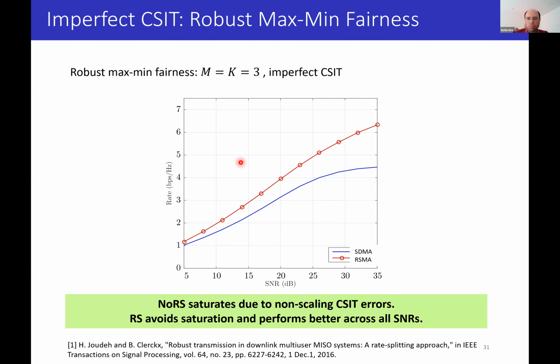And if we do a proper optimization, we can optimize the rate splitting compared to SDMA, and optimize SDMA, and we can show that rate splitting offers a significant max-min fair rate enhancement across the whole SNR regime. SDMA will lead to some form of saturation because the imperfect CSIT will lead to multi-user interference, while rate splitting will have a max-min rate that keeps increasing with the SNR.